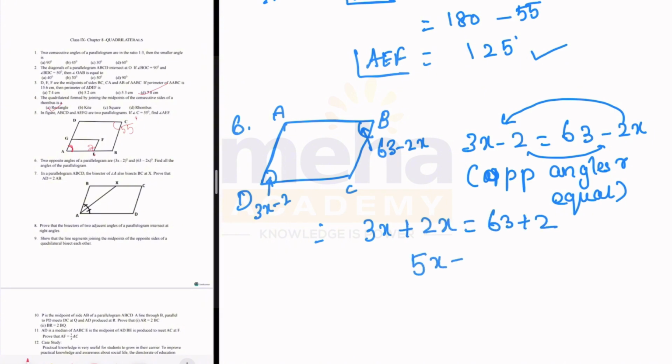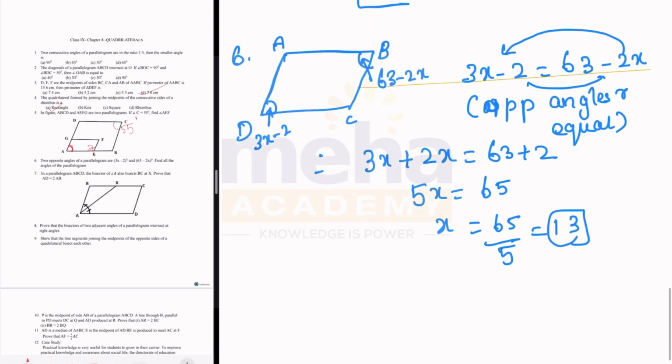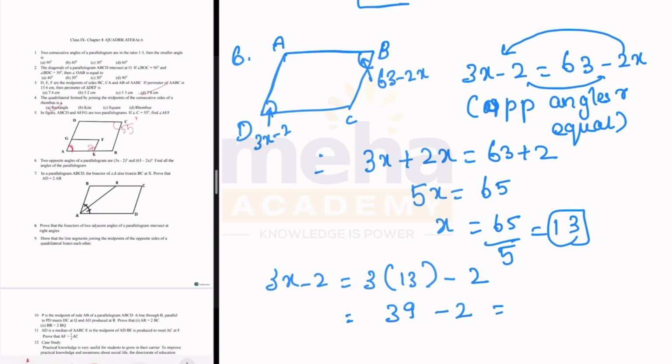So 5x would be equal to 65. x is equal to 65 over 5, that would be 13. If x is 13, then one angle, 3x minus 2, would be 3 into 13 minus 2, which is 39 minus 2, that is 37 degrees. So angle D is 37 degrees.